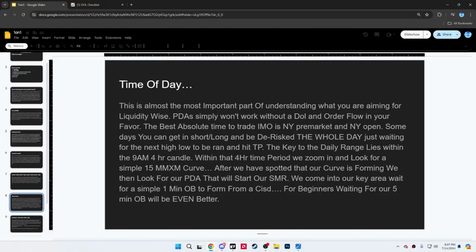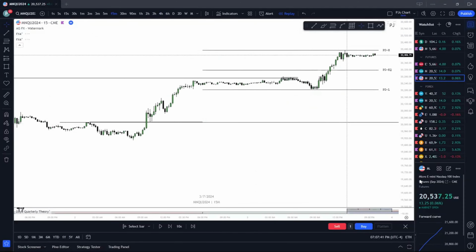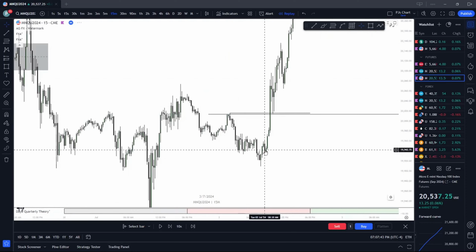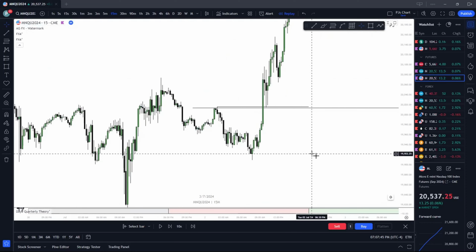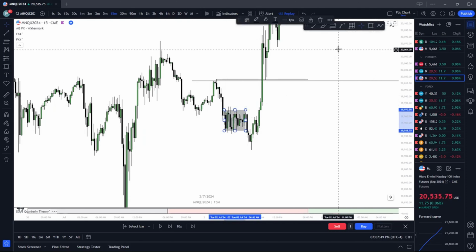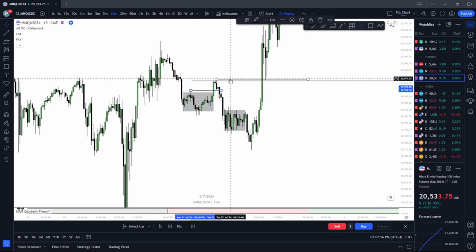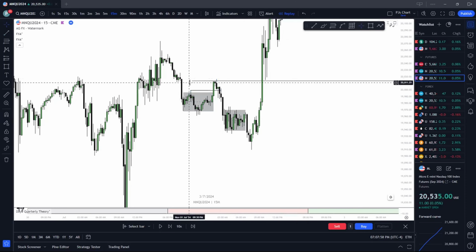I haven't gone over a lot of market maker models, but even on the 15-minute, you understand that you see your higher time frame. Take that off and just put that there.